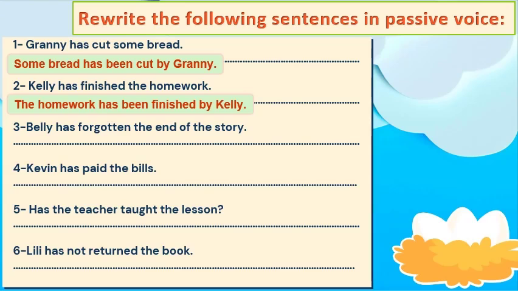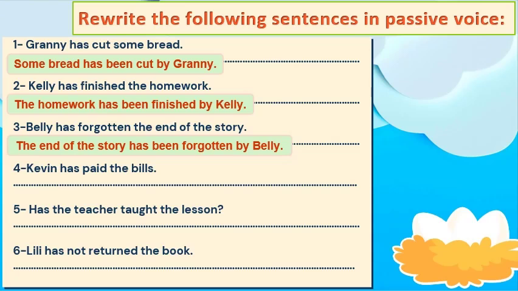So the homework is the object, singular, take has, been, and the verb in the past participle, and I added by, and at the end I added the noun or the subject. Number three, think about it. Kelly has forgotten the end of the story. So it will be, the end of the story has been forgotten by Kelly, because the end of the story here is the object, and singular takes has, been, and the past participle, by Kelly.